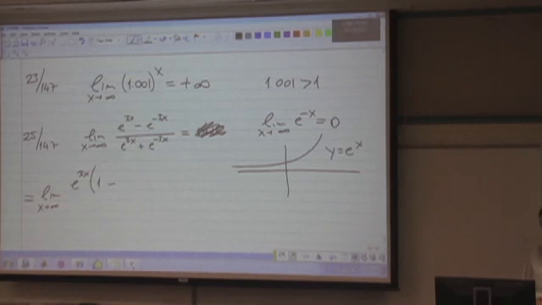1 minus e to the minus 6x, you say? Can you explain that?